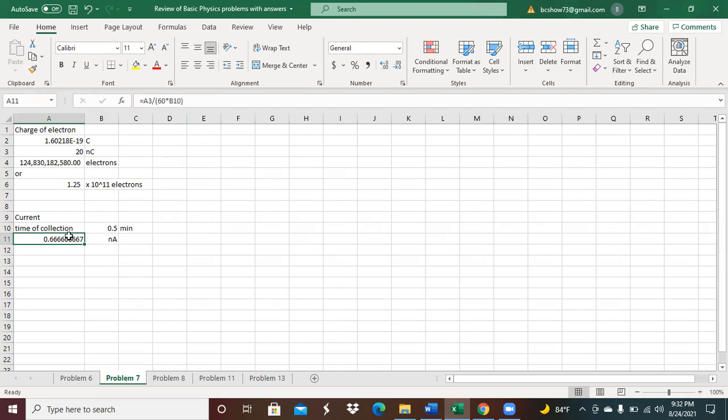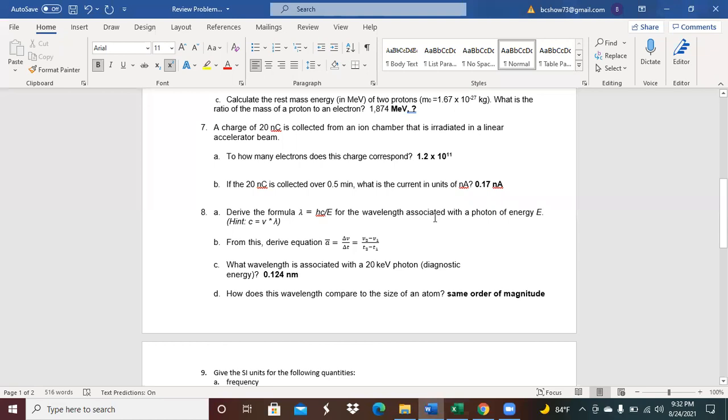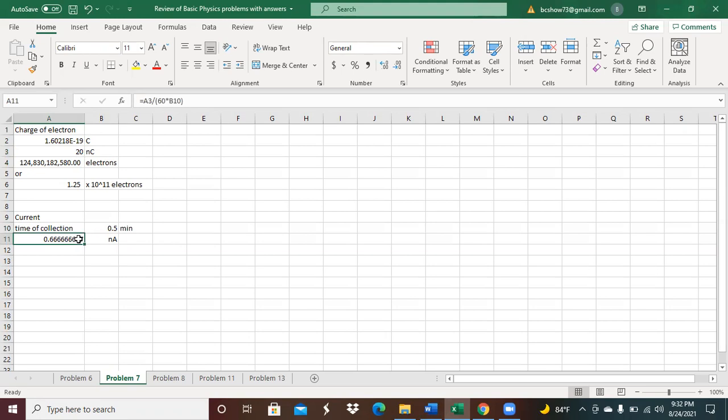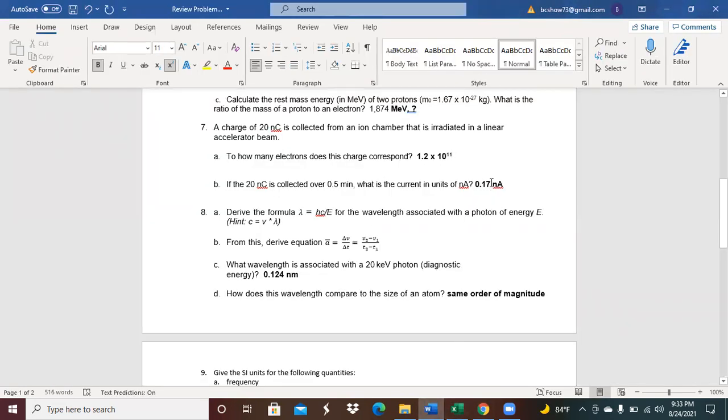If you'll remember back, the current is defined as how much charge moves by a specific point in a second. So if the charge moves by that particular point in 30 seconds, then the current would actually be that charge divided by the number of seconds, and it turns out to be that. So it should end up being 0.67, I believe.